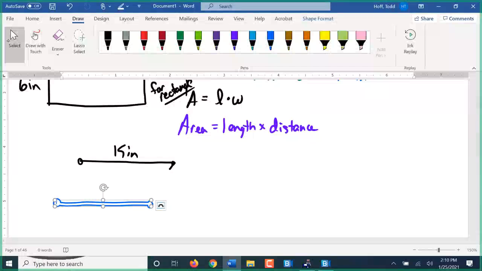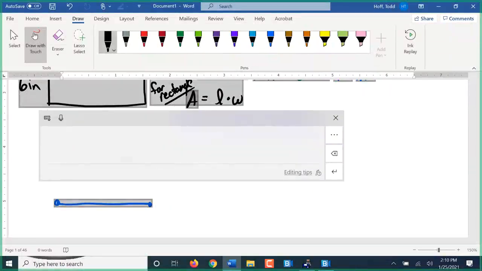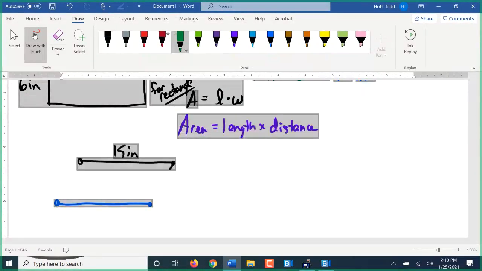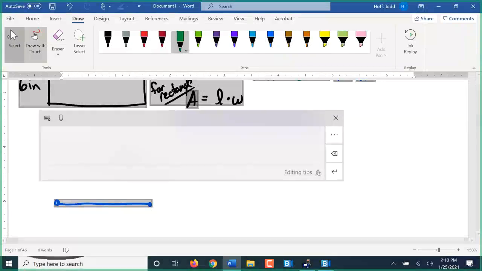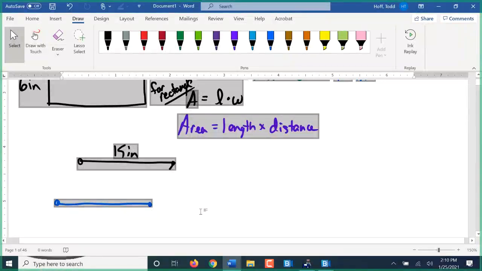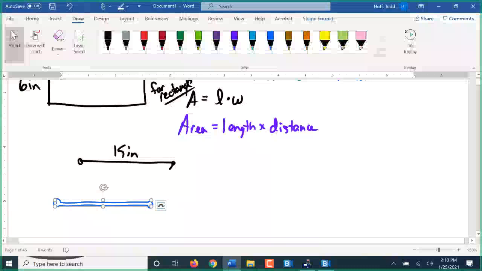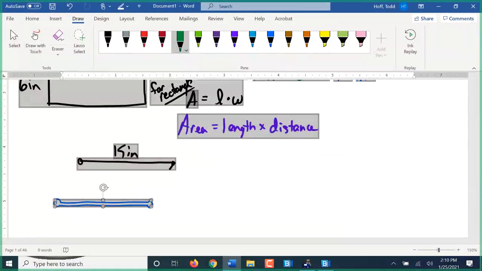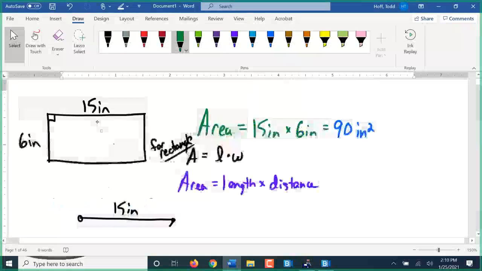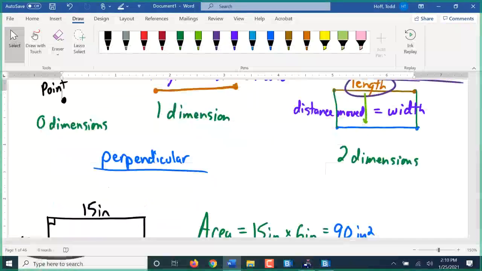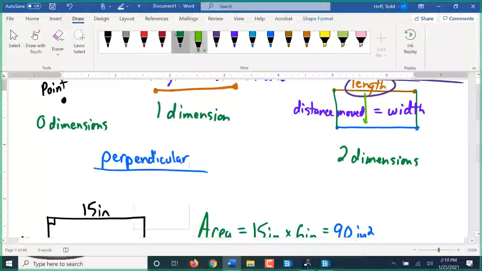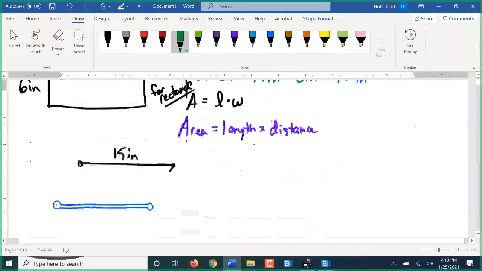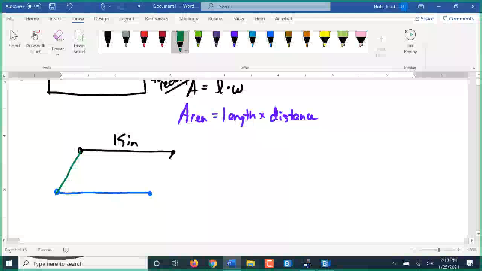The difference is now what it's traced is not a rectangle, it's what we call a parallelogram.